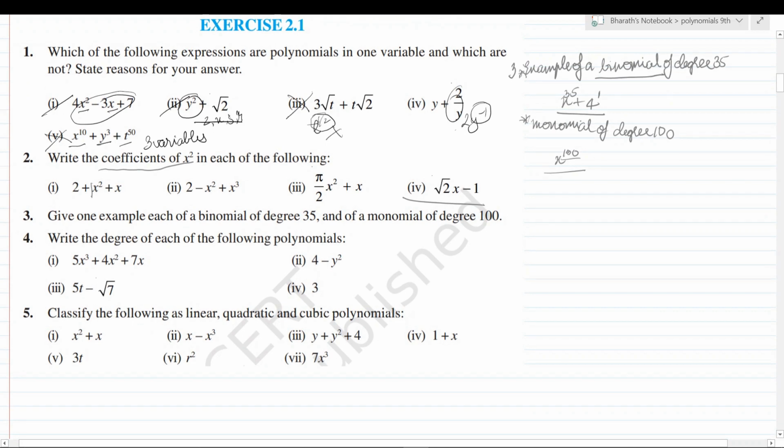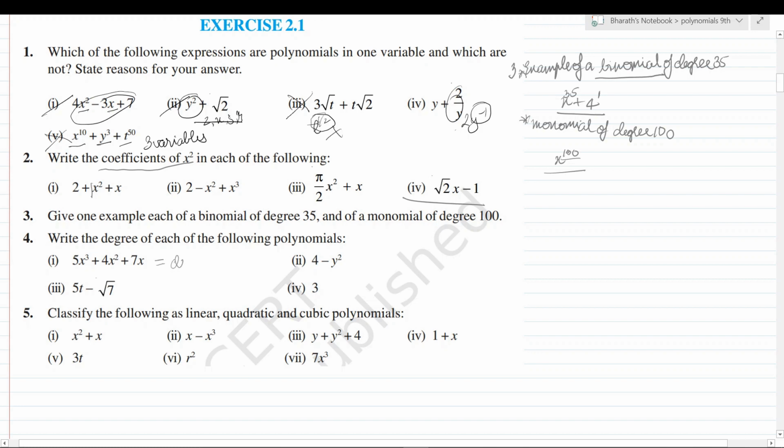Now let's go to the fourth question. Write the degree of the following polynomials. So we all know degree is the highest power of the equation. I'm not going to do all the steps, you all know how to write the steps. Write the question first, then the highest power, then declare the degree of the expression as, for example, 3.